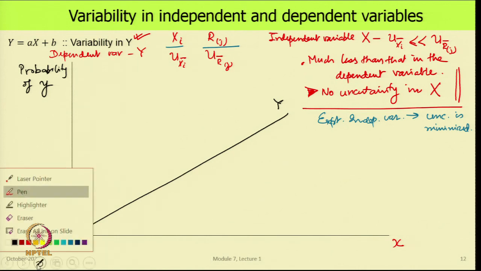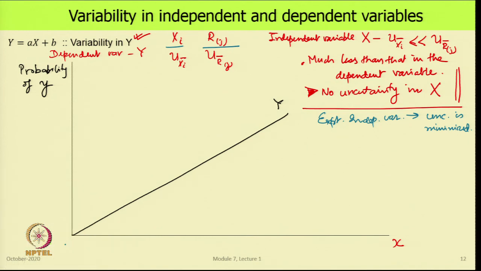We pick out one value of x, say here xi, and ask that I do the experiment many times and I get the values of y in each case. And now I plot that. The mean value of y lies over there. So, in this xy plane, this is our data point.